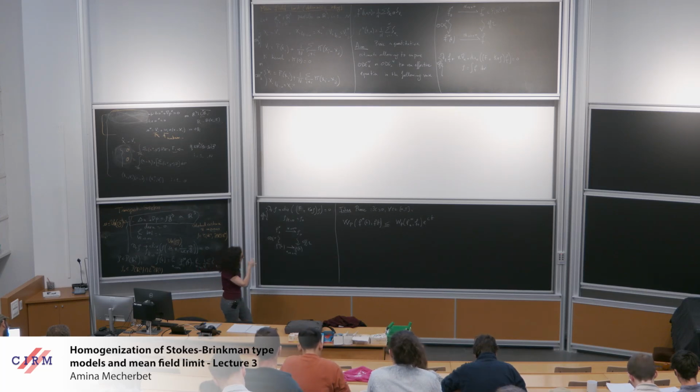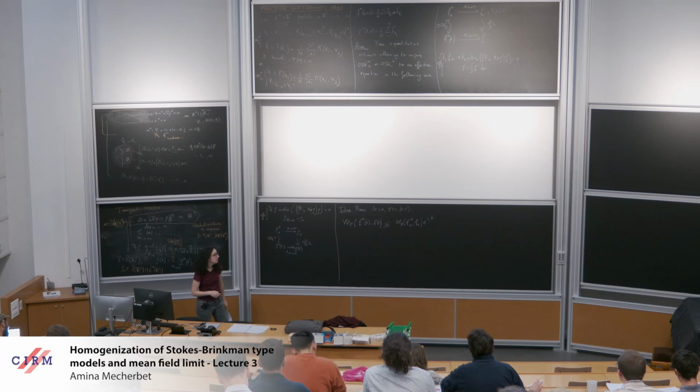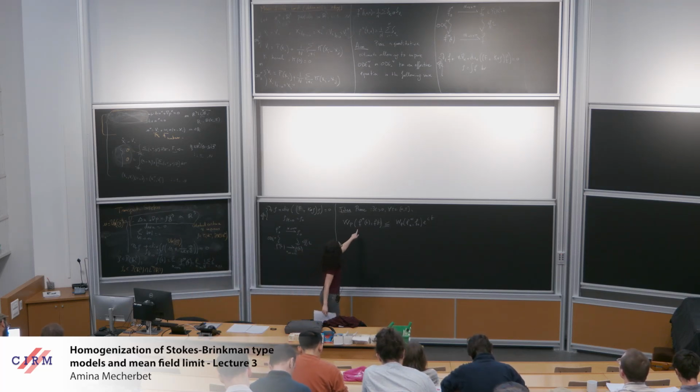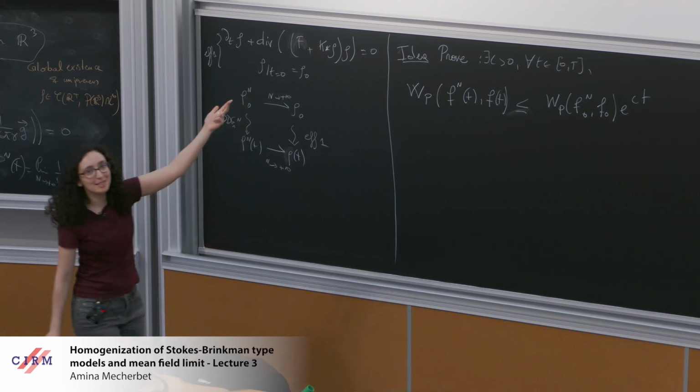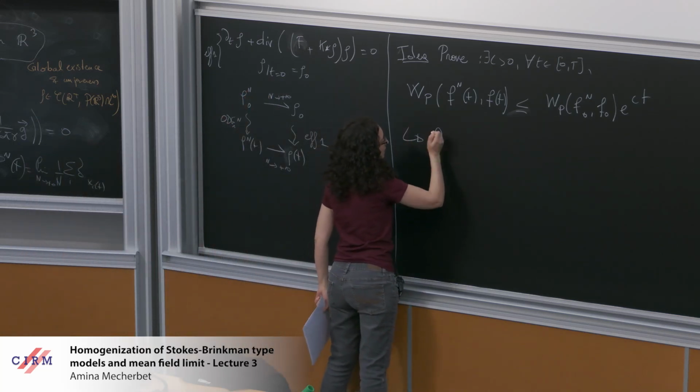So actually, this is reminiscent of a stability estimate for the limit equation, because since Fn somehow solves also the limit system, this is almost the same.